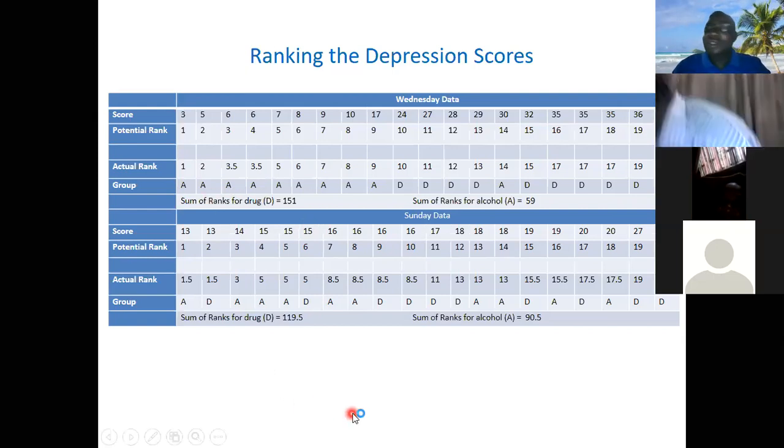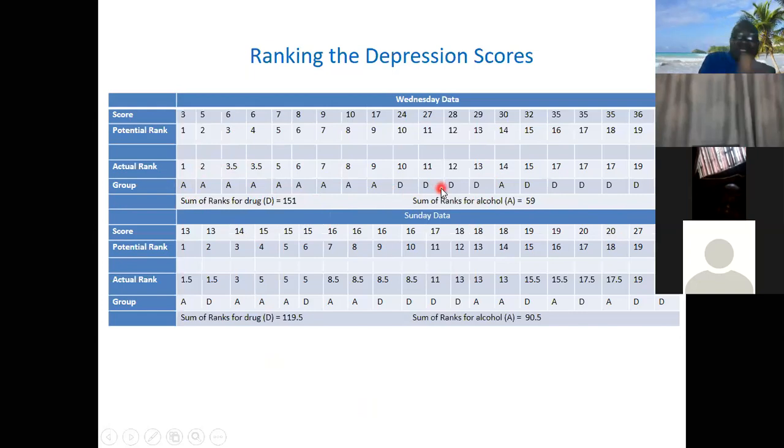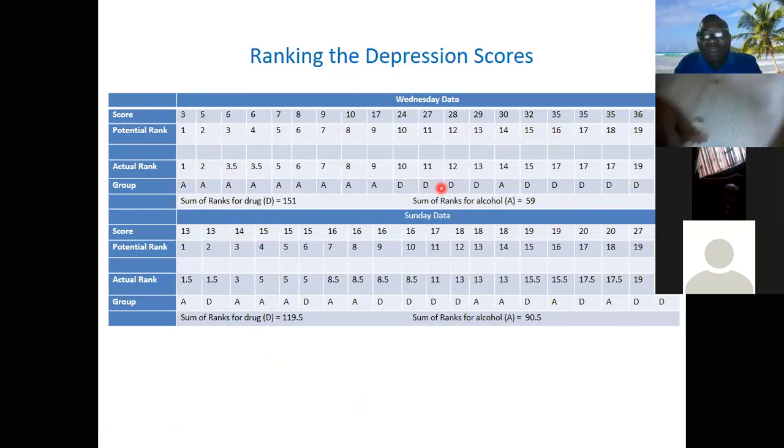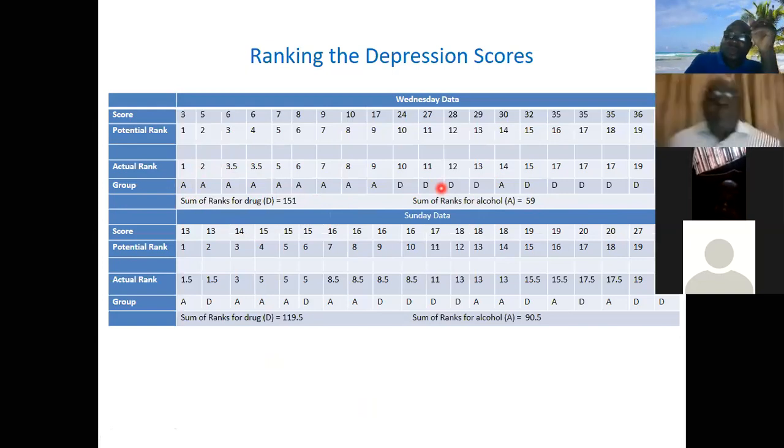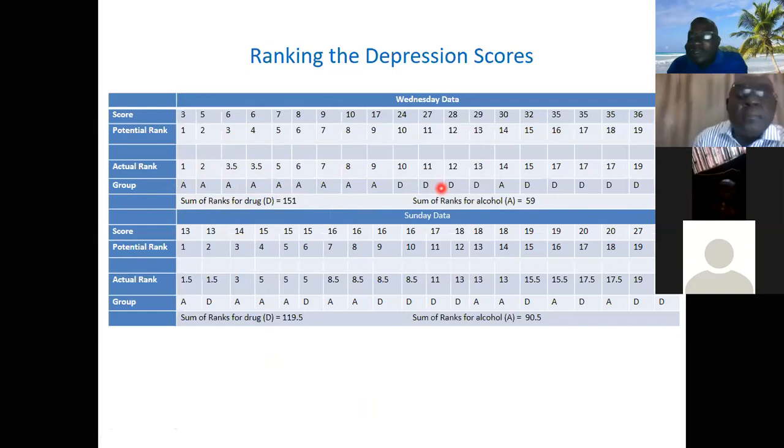When you finish, all you need to do is count. Those that are alcohol, those that are drug, you count their own ranks: the rank of alcohol, the rank of drug. From what you are seeing now, the smaller side tends to be alcohol, those initial values are from alcohol, and most of the larger values are from drug.